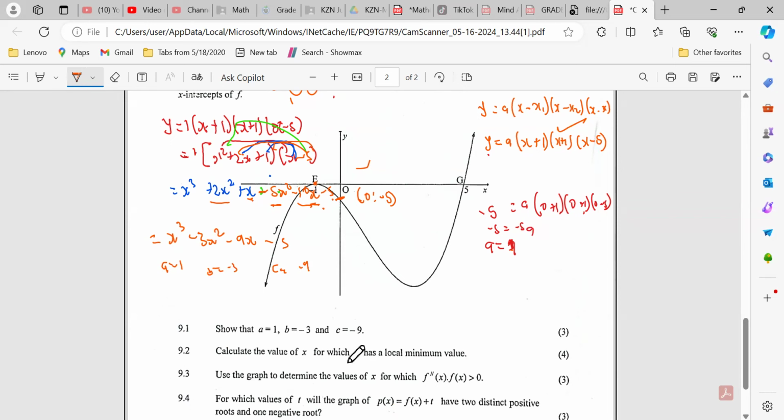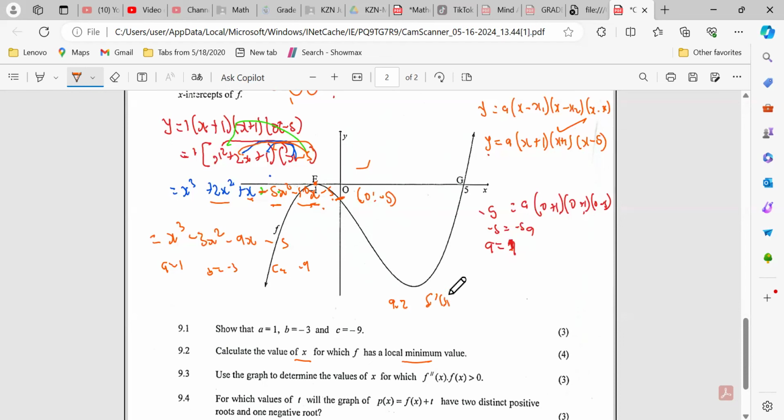Okay. Calculate the values of x for which this thing here is going to have a local minimum. So they just want the x value. Local minimum, local maximum, maximize, minimize. Think of differentiation. Every time when you see the words maximum, minimum, stationary point, we are thinking of differentiation. So 9.2.